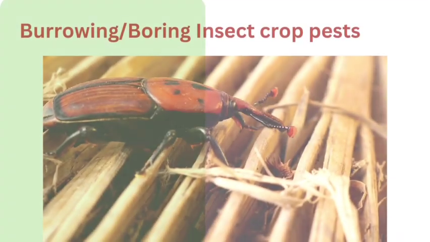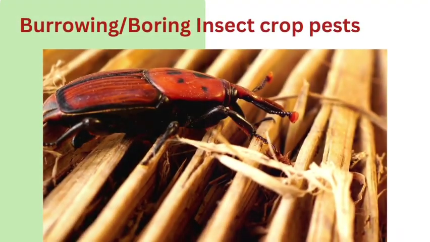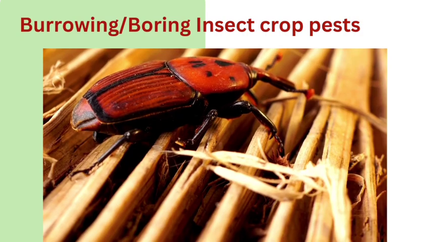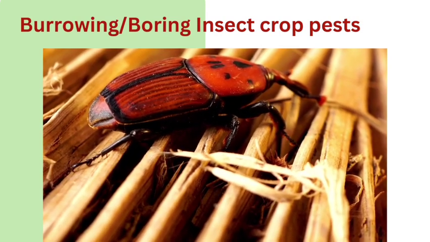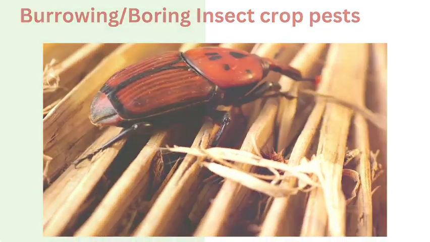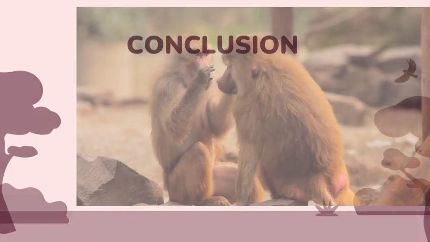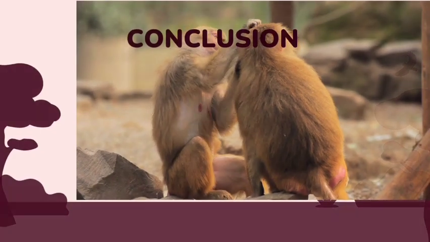It could be maize weevil, rice weevil, sorghum weevil, and cowpea weevil. Then the stem borers could be maize stem borers, or sorghum stem borers. Most times what they do is to destroy the juicy centers of stems.